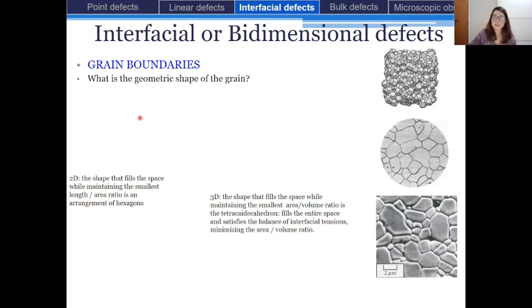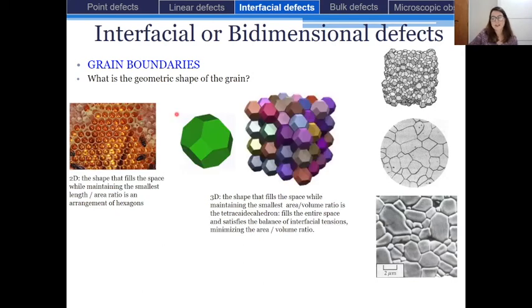So what is the geometric shape of a grain? Studies have shown that in fact we have this kind of hexagons, or if we represent in 3D, we won't talk about hexagons, we will talk about tetrahedra. So it is this kind of geometry that enables filling the space while maintaining the smallest area to volume ratio.